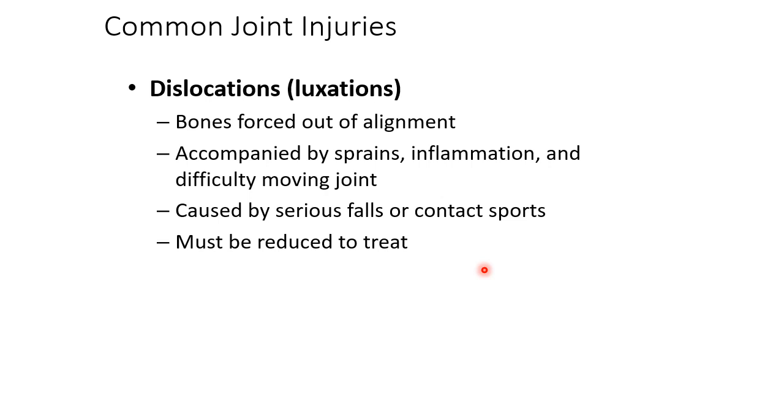So you have to actually put the bone back in place, and allow time to heal and inflammation to go down. Okay, so this is very common in contact sports. And sometimes if you have weak ligaments or weak tendons, you can have these types of dislocation from nearly any type of activity.